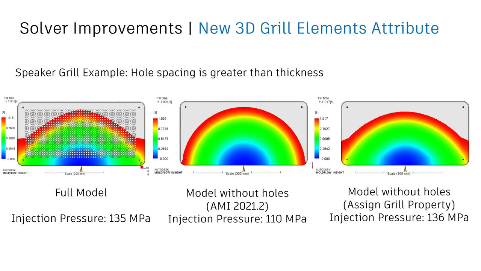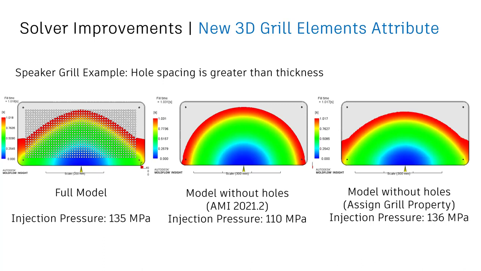And this is an experimental comparison with a full model. The model without the holes is just a plate with no holes, simply meshed, and now I have assigned the grill properties to it. If you've been using Moldflow for some time, probably for the mid-plane elements, we used to assign something called a shape factor.